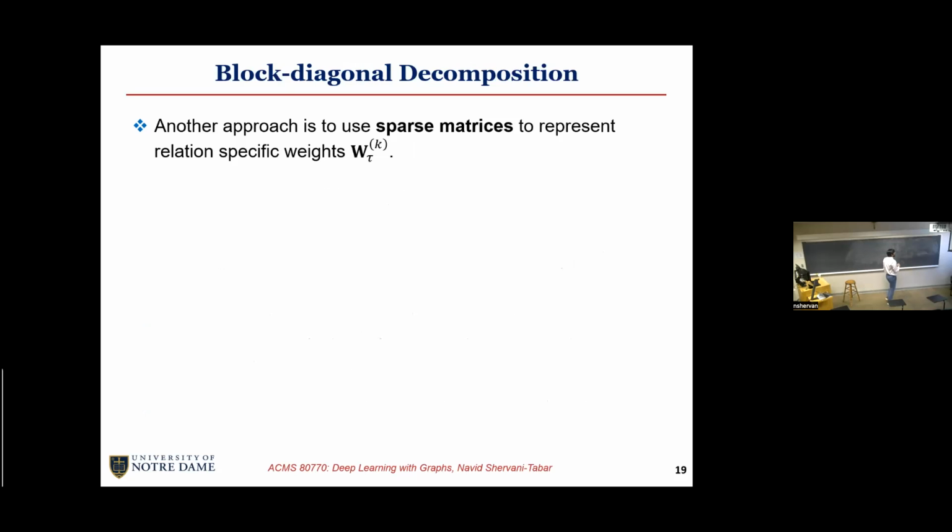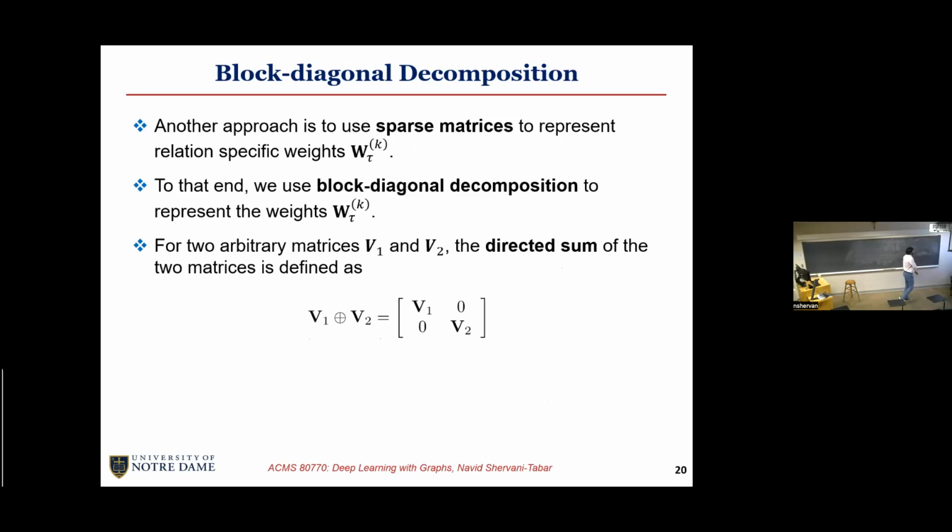The second approach that we can take is using a block diagonal representation in order to represent our relation-specific weight in a sparse way. The way to do that is using a concept called direct sum. The direct sum of two dense matrices is a new block diagonal matrix, which has these dense matrices on its diagonal, right?